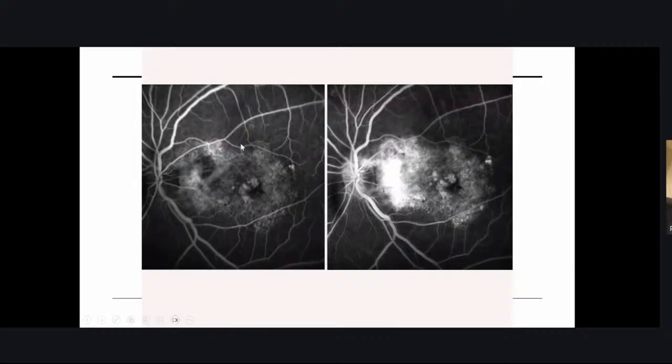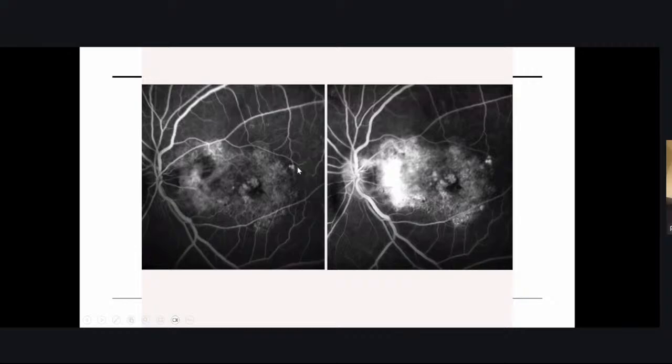Now, this is fundus fluorescein angiogram early, typically about 1 minute, and then late, anything from 10 to 20 minutes after injection. Fundus fluorescein angiogram is typically read in a pair, starting with the early and then the late frame, so that we can track lesion to lesion.